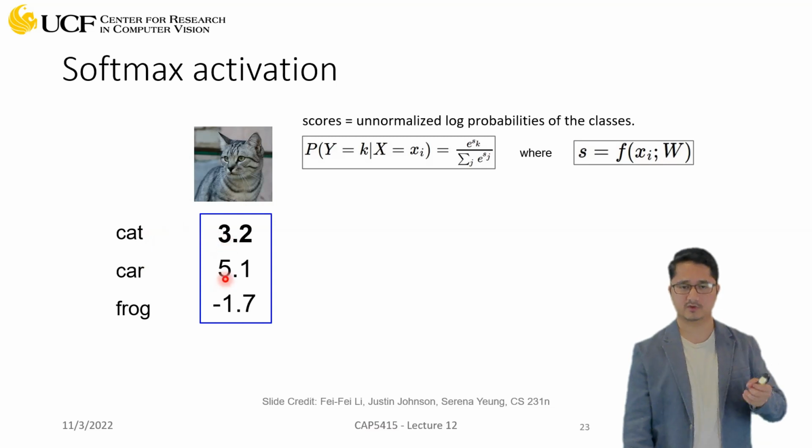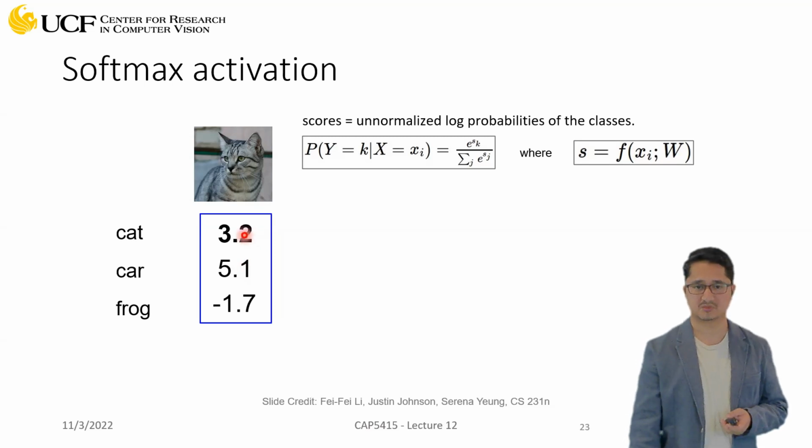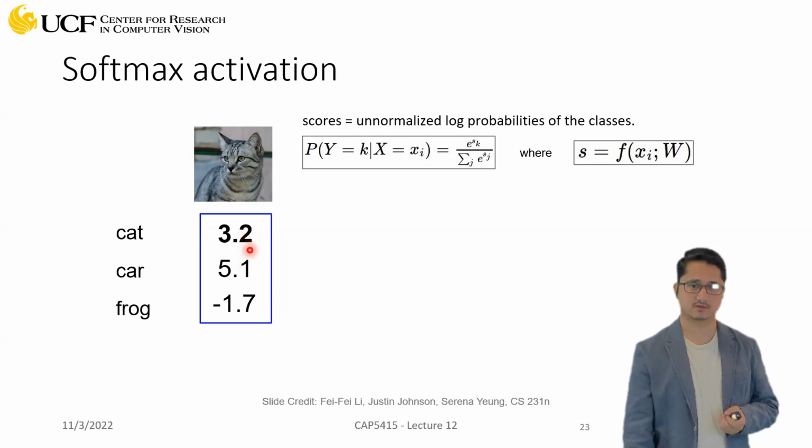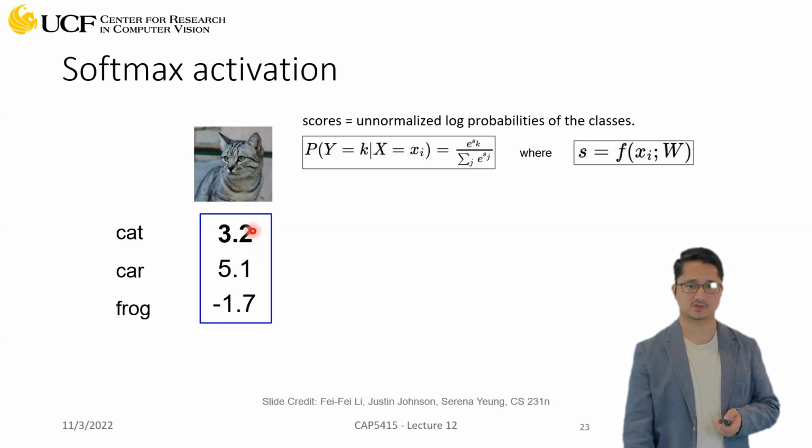So of course, the network is making an error. It's because this is the maximum one, and the network is saying this is a car. But there is no way of telling how good the network is doing. I can't tell whether 3.2 is pretty bad or maybe pretty close. So that's what Softmax will help in solving for us.